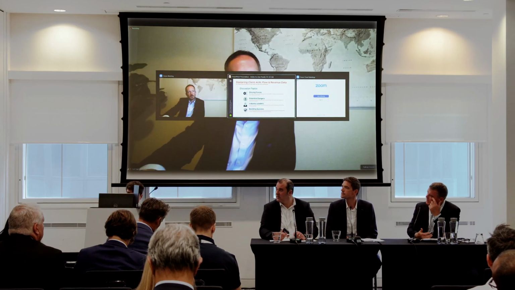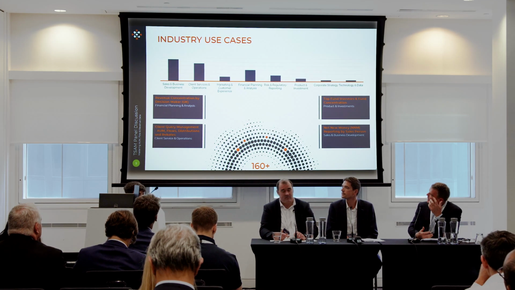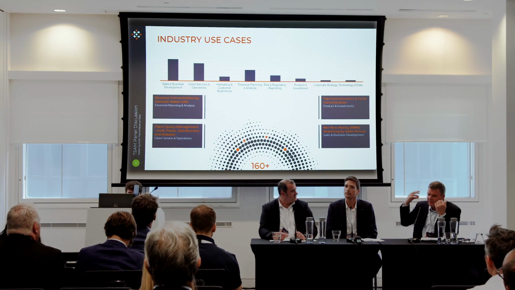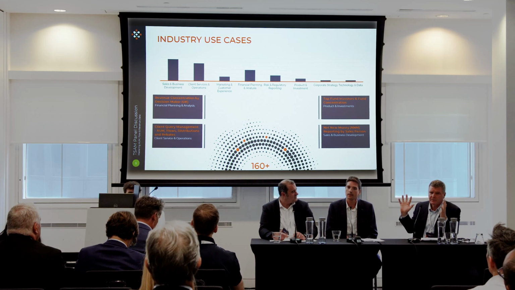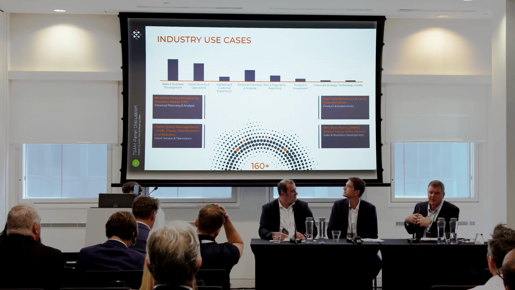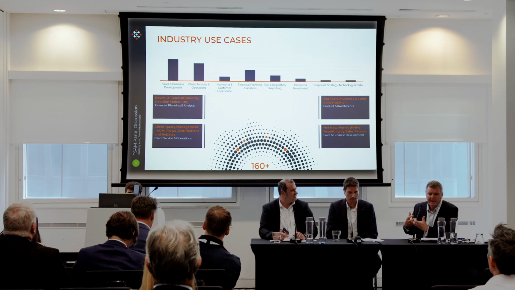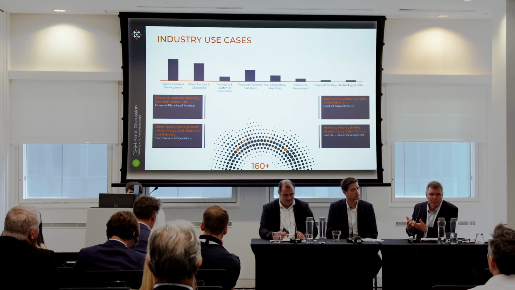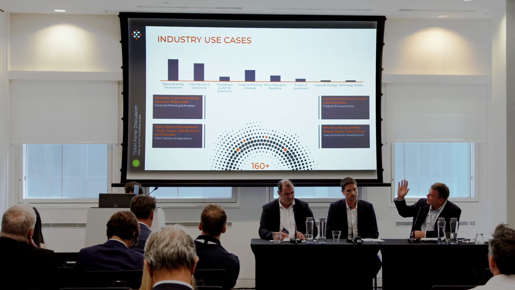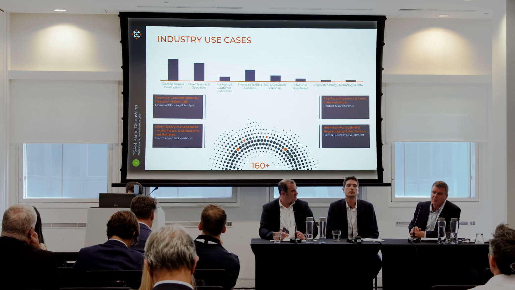Thanks, George. Will, can we put the use cases on the slide? We've got a summary: we've tracked about 160 use cases across the firm that require enterprise client AUM and flow and revenue data. You can see a number of them are concentrated in sales and business development, but also client services and quite a few in finance as well.